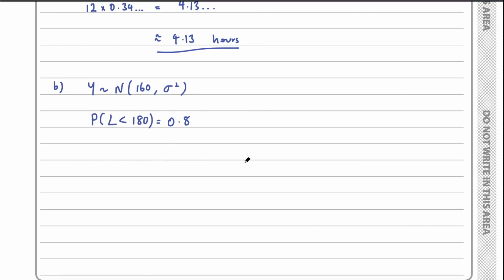I'm going to use a similar process to question 3. I'm going to find a z-score for this probability, then use the z-score formula to find the standard deviation. So for the z-score, we can use the inv norm function on our calculator, and we put in the probability and the mean and standard deviation of the standard normal distribution, and that will give us the z-score.